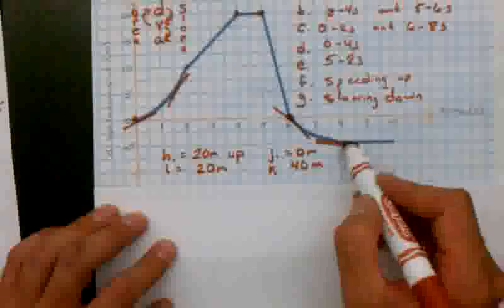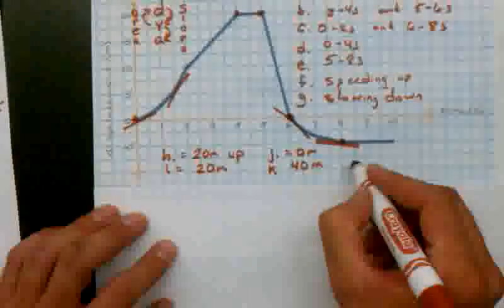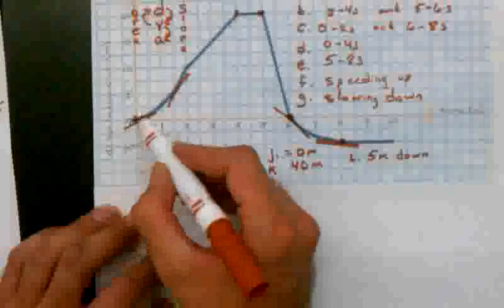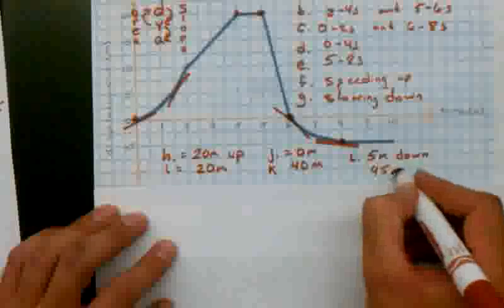What was the displacement after 8 seconds? So it started at 0 and it went down 5 meters. How far did it travel in the first 8 seconds? It had gone up 20, back 20, that's 40, and down an additional 5, that's 45 meters.